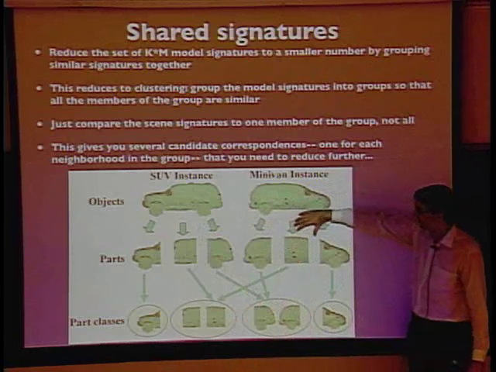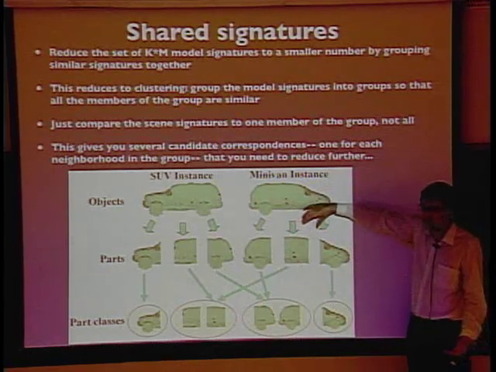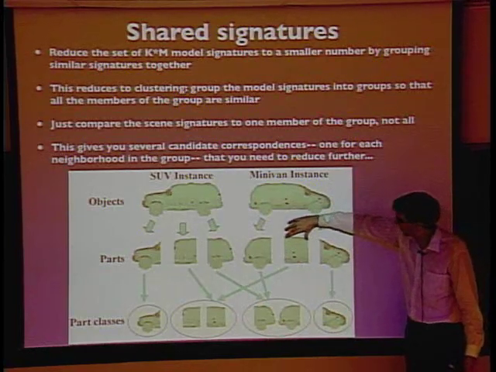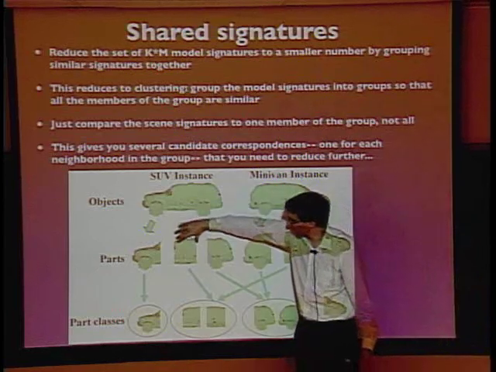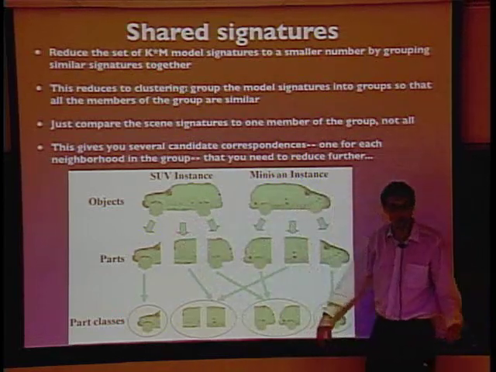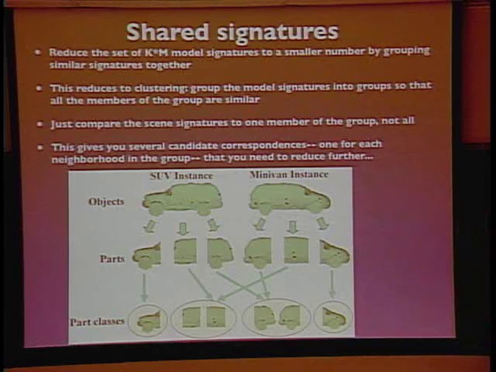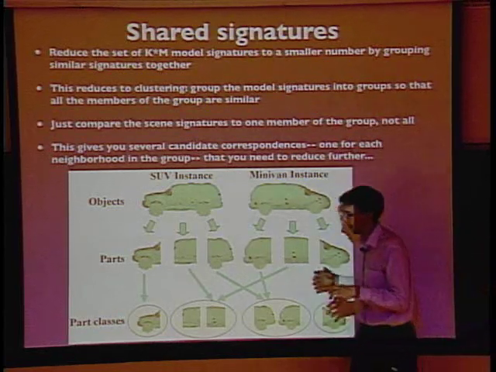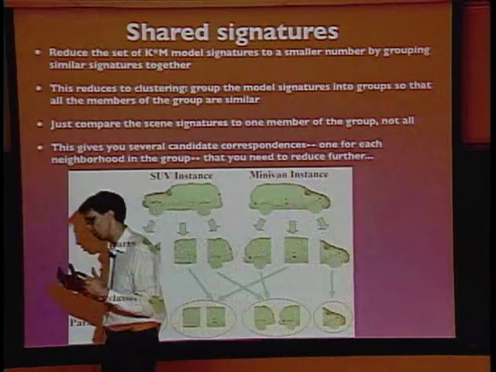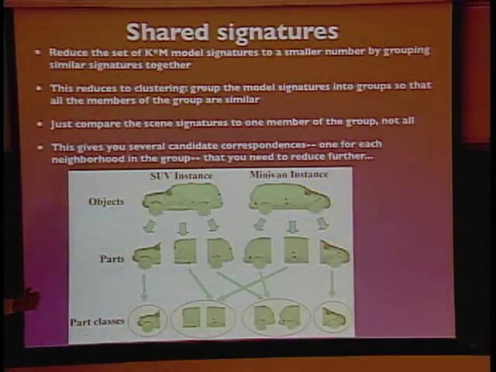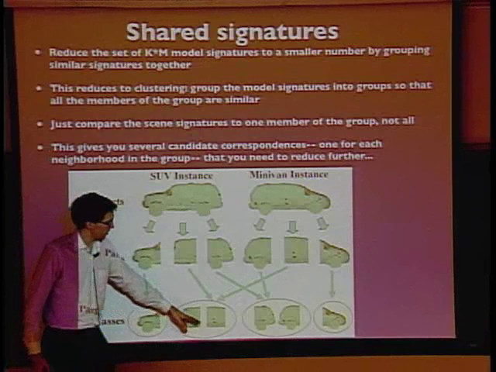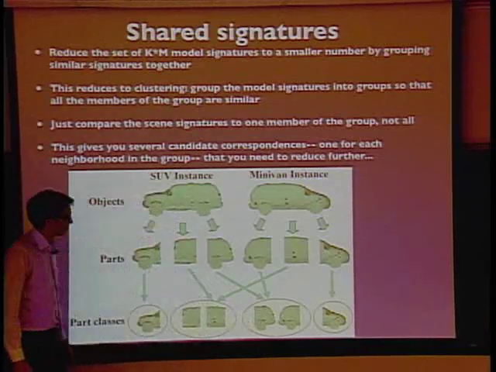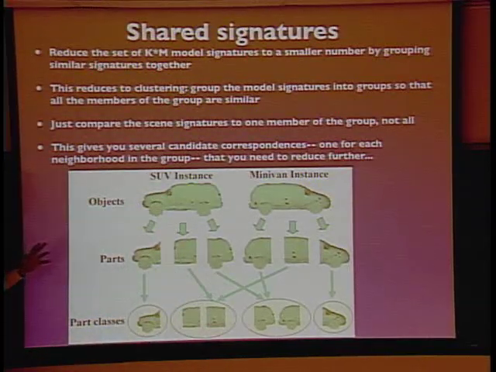In fact, if you just look at it from this point of view, I know it's very small and limited, but if you just isolate this part of this object and compare it to this part of this object, they look quite similar, even though they're from different categories. So what you can end up with is a kind of minimal set of so-called part classes, such as middles and back ends. And if it turns out that SUV front ends don't look like minivan front ends, well, that's fine.